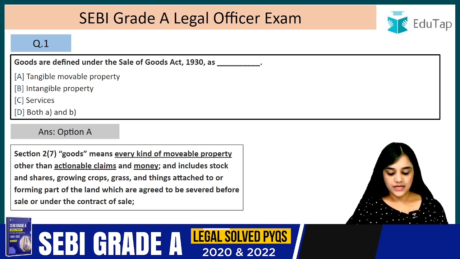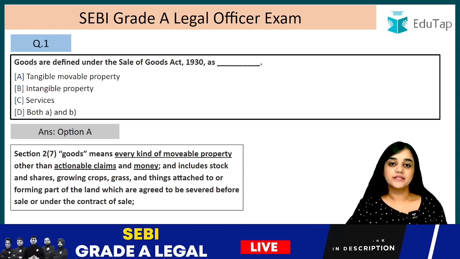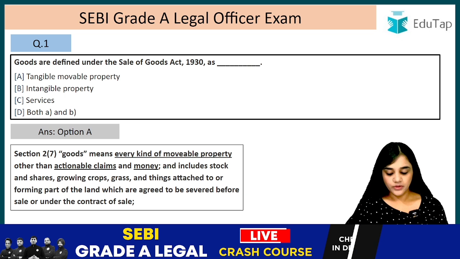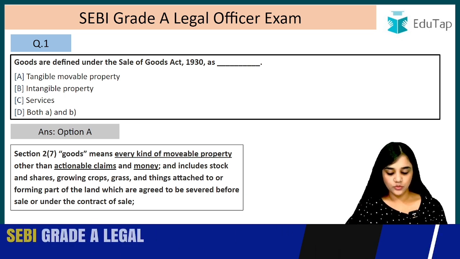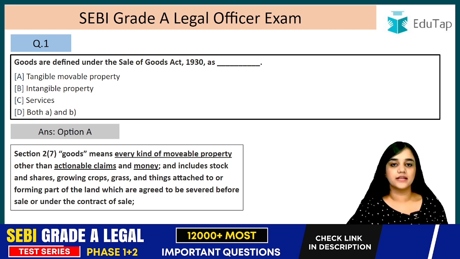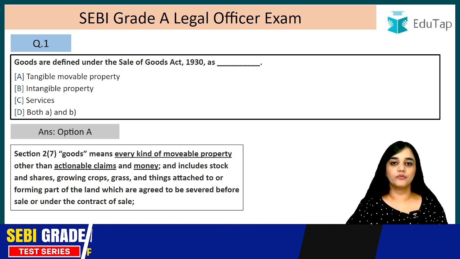Or permanently fastened to anything affixed to the earth. For example, in a house, the doors, the walls, the windows are permanently fastened, right? And any benefits arising out of the land form immovable property. So anything which is not immovable property is movable property.